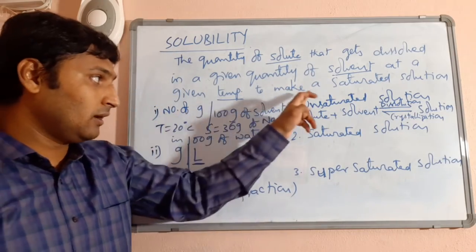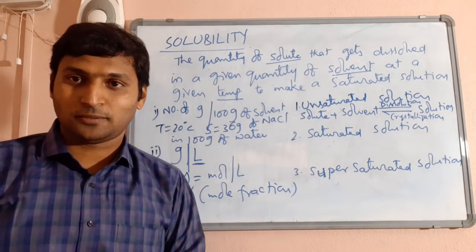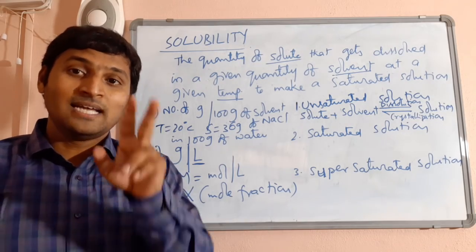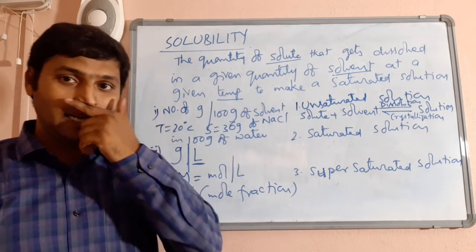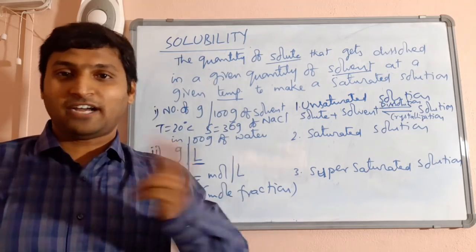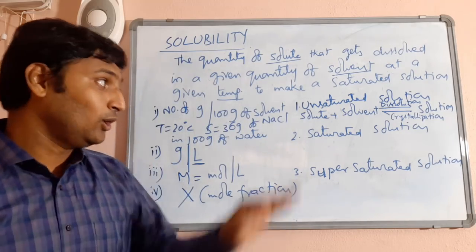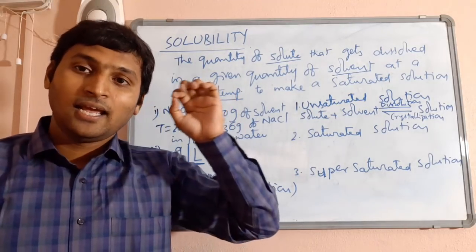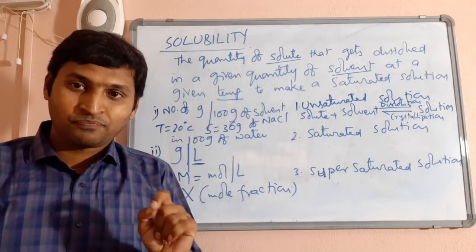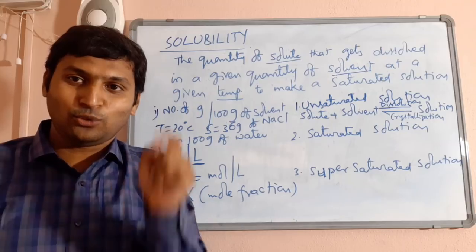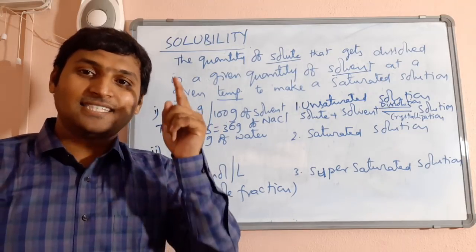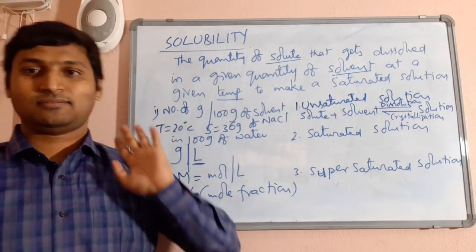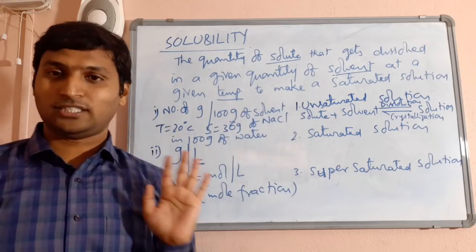Now comes the question, what is an unsaturated solution? I just now told you, saturation and solubility are interlinked, both cannot be defined without each other. Now, to define an unsaturated solution, I should use the word solubility. A solution in which the amount of solute in dissolved state is less than its solubility is called an unsaturated solution.